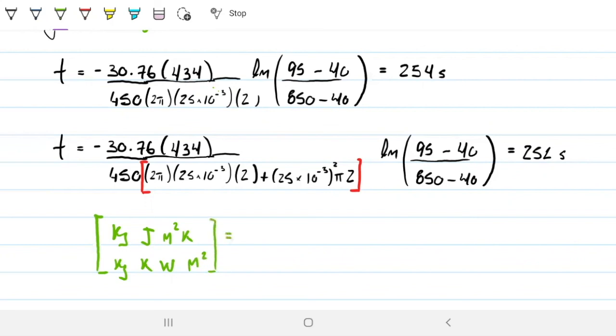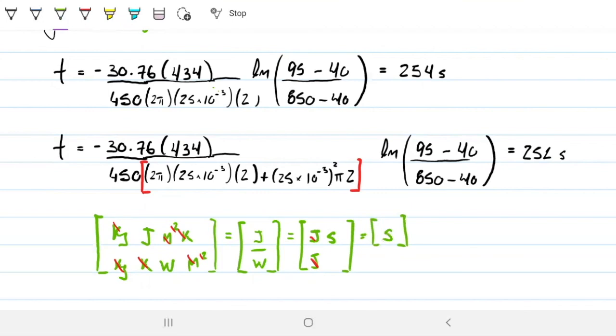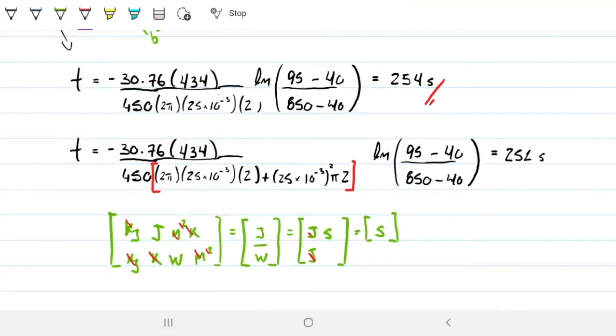So the units are Kelvin, kilogram, kilogram, Kelvin, Kelvin, meter squared, meter squared. This is going to be joules over watts. What is a watt? Joules per second, right? So I can convert this into joules per second. So indeed, it ends up being seconds, and we can be sure that these answers are in seconds.